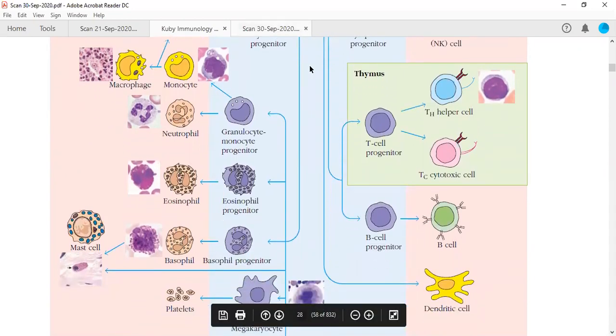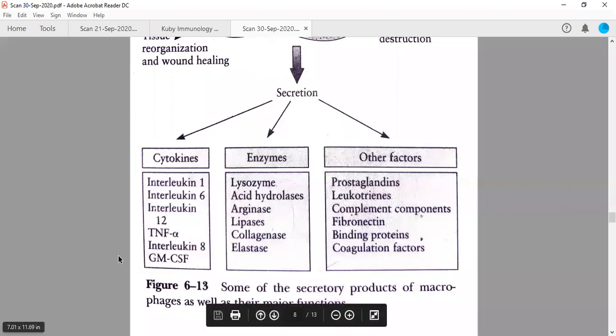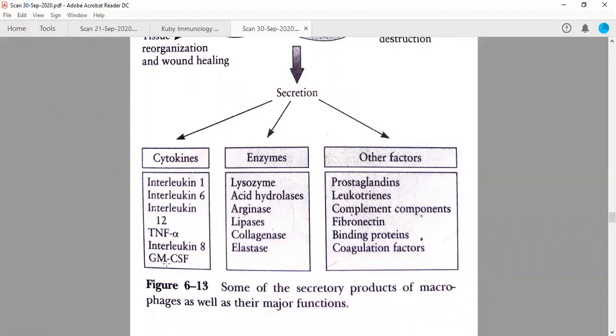This GM-CSF is actually responsible for the synthesis of granulocytes and monocytes. Granulocytes are three major types of cells: neutrophils, eosinophils, and basophils. Monocytes will develop into either macrophages or dendritic cells.